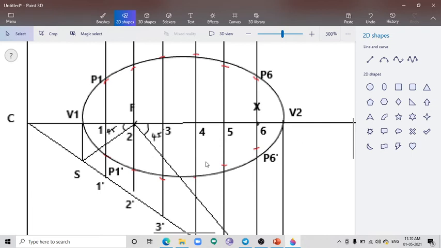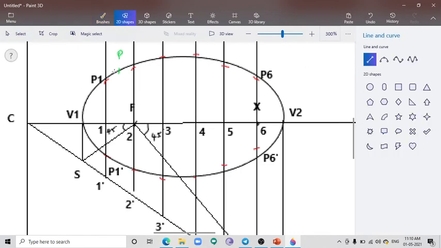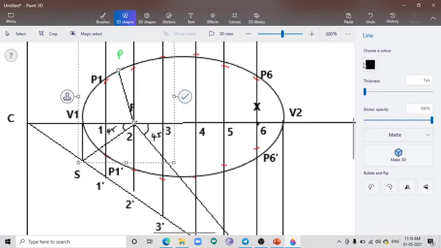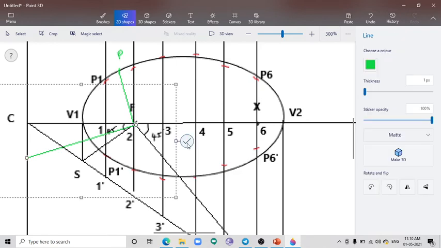After completing the ellipse, we have to draw the tangent and normal. For tangent and normal, first we have to take any point on the curve. I am taking the point over here and I am going to name that point as P. Then we have to join the points P and F. At F we have to draw a line perpendicular to PF, and that line should meet our directrix.